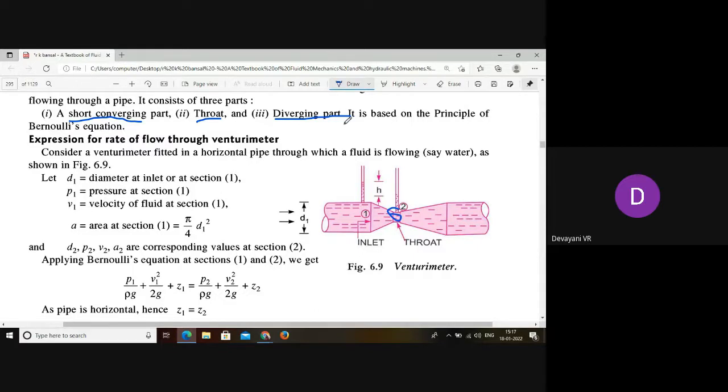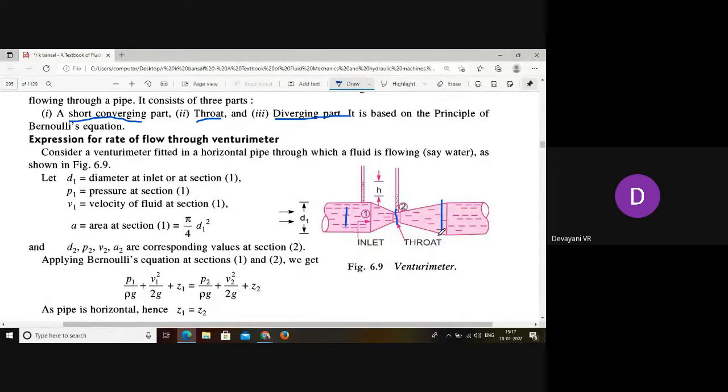Always at the inlet we get the convergent part, which is the shortest one, and at the outlet we get the divergent part, which is the longest one.